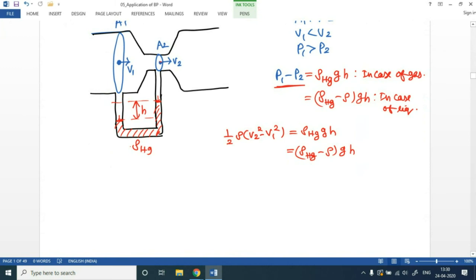So let's write it for the case of liquid, because if you want to convert to the case of gas, you just have to substitute the value of rho as 0 in this expression.